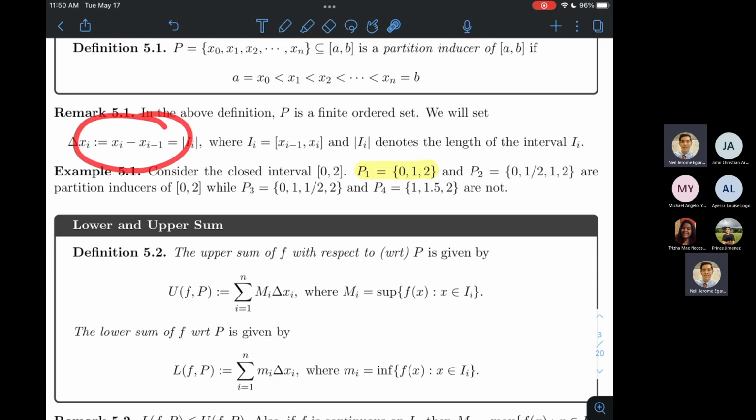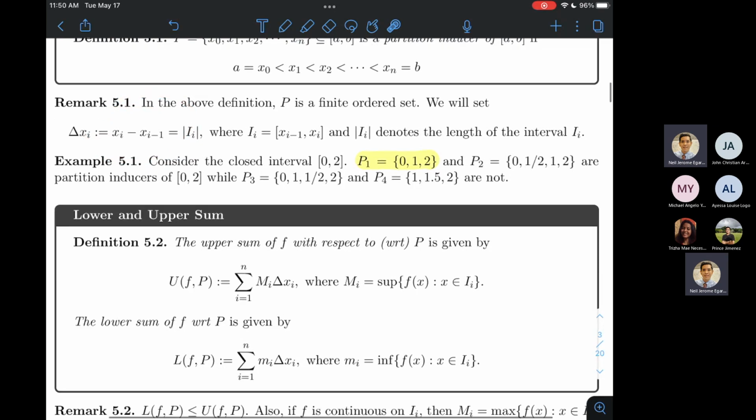If I use this notation, interval 1, interval 2, the length of I2 would be 1/2 minus 1, which is negative 1/2. I don't want that to happen, so we require increasing order. Other than that the definition could be tweaked, but we want our definition to be organized, so we want the elements of the partition inducer in increasing order.